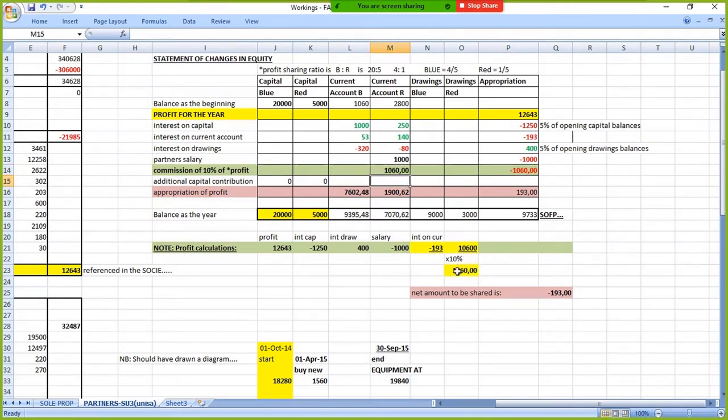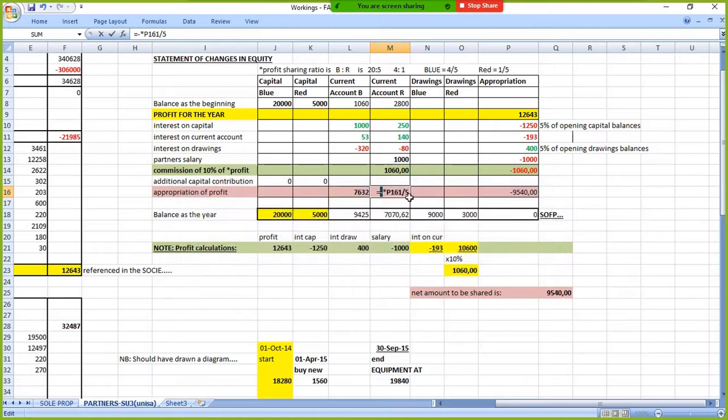Okay, and then we need to look at what's left over. Right, the net amount, this minus his commission is going to be that figure. Right, that figure needs to then be apportioned. Okay, so times 4 over 5. Right, and then this one times 1 over 5.